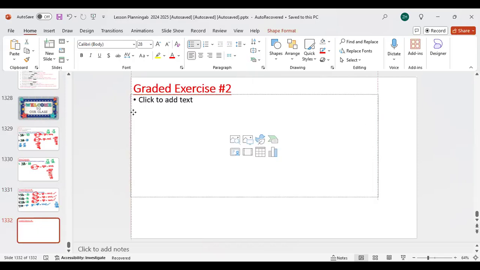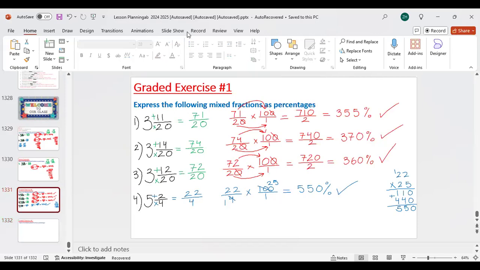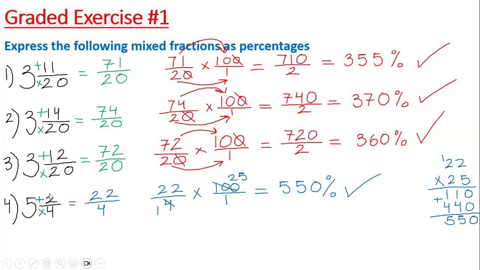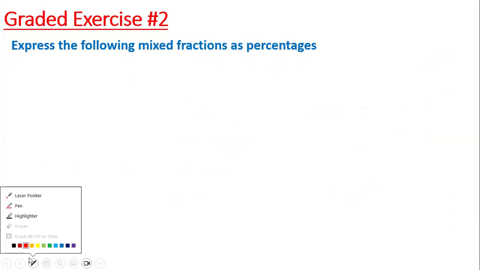Let me quickly review this so you all know exactly what we're doing. You take the mixed number and turn it into an improper fraction. Then take that improper fraction, multiply it by 100, and you will get your answer. So just remember that. Let's go ahead and do this.